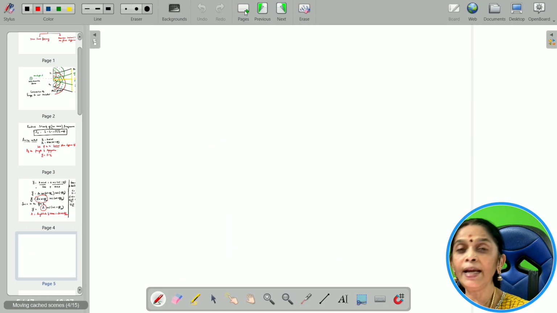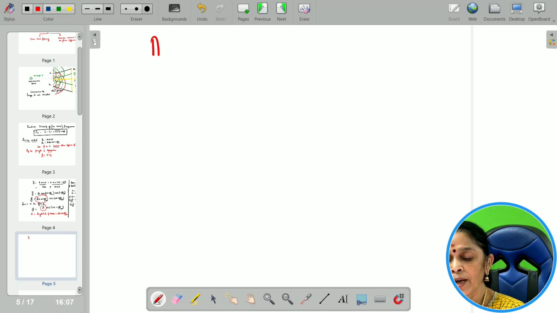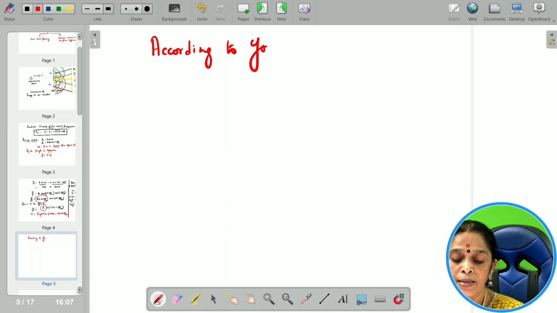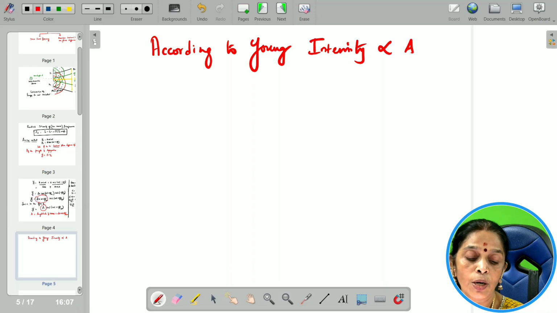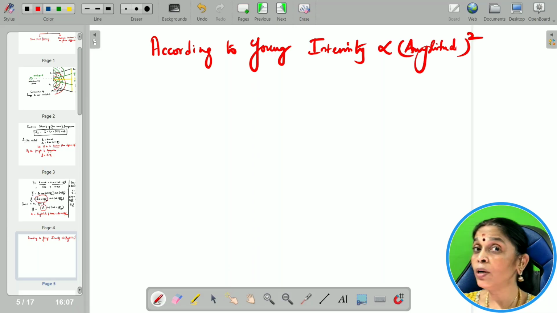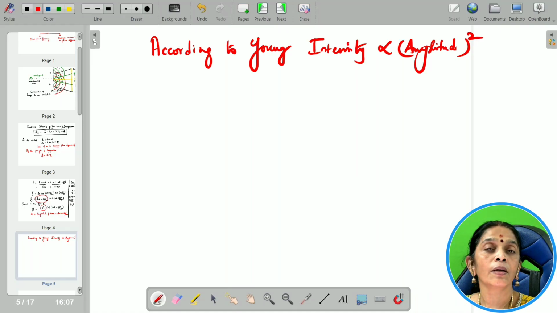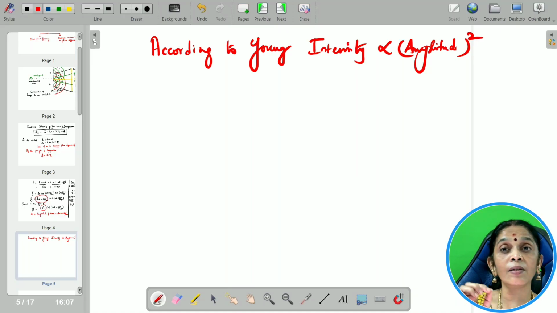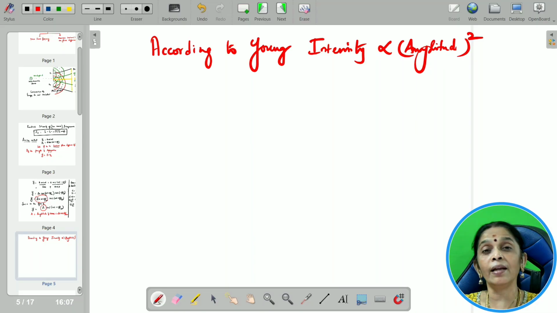And children, we have already learnt, according to Young, that intensity is directly proportional to amplitude square. That is only in the wave nature of light: the intensity of the light wave is directly proportional to amplitude square. More the amplitude, more is the intensity.